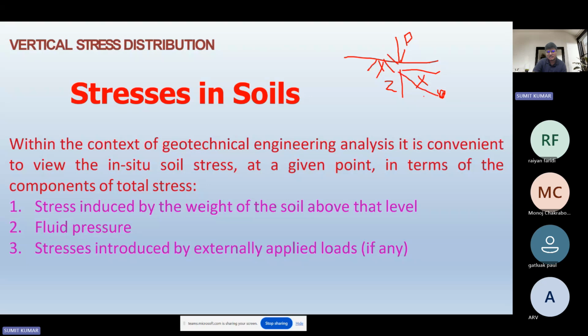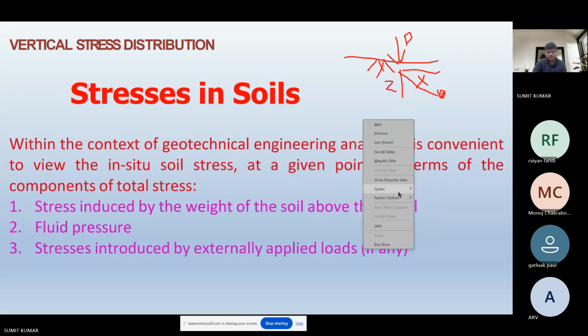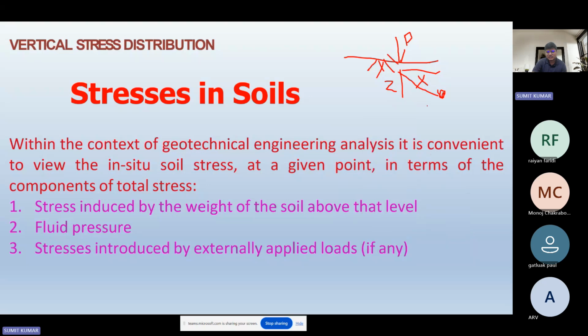And this distance, let me take an eraser, may be called r, which follows from the simple Pythagoras theorem.